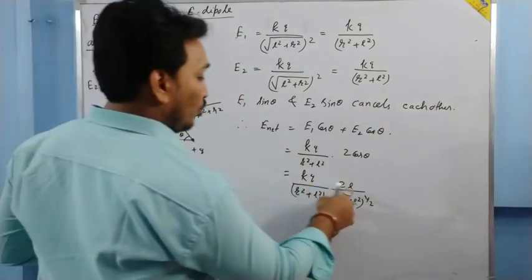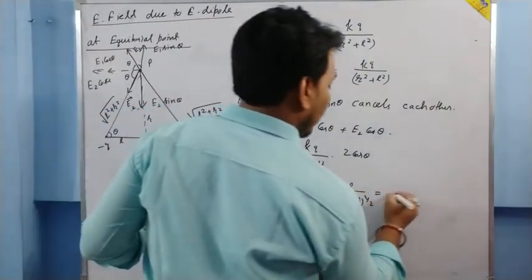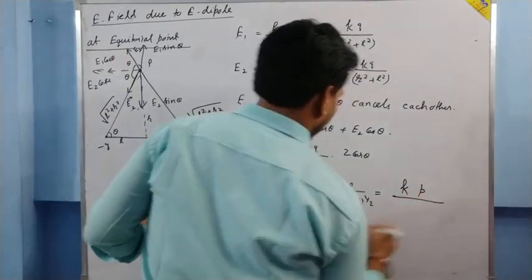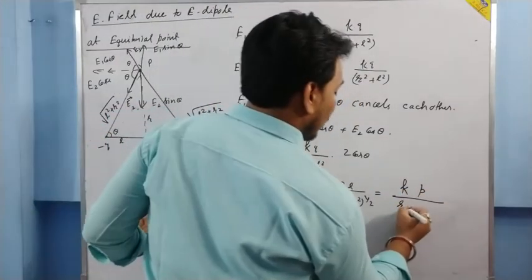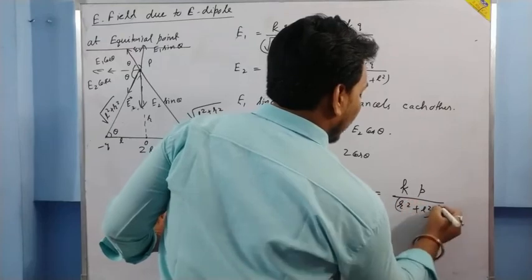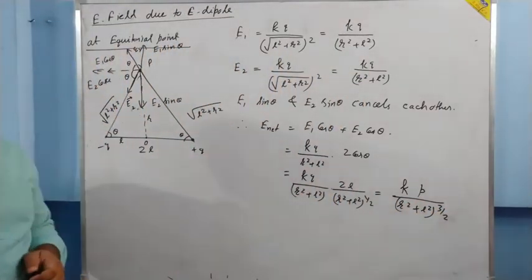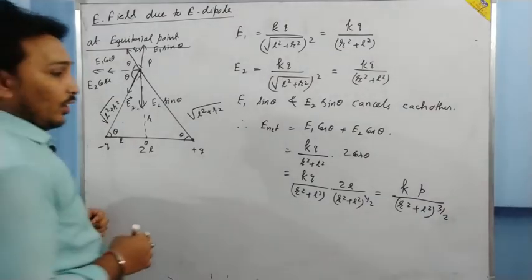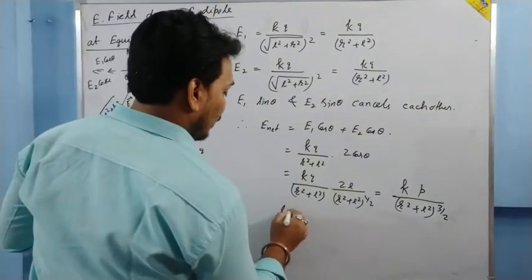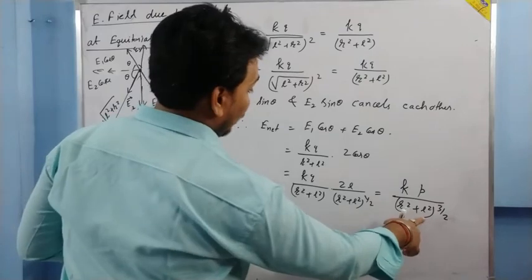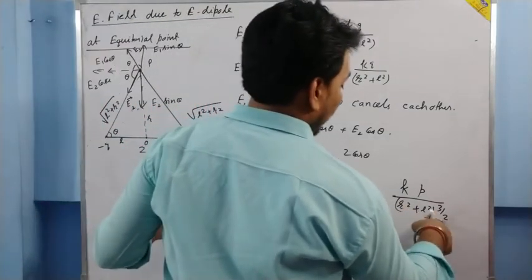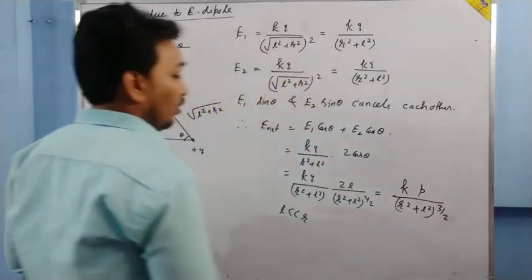Q multiplied by 2L will become P. So K into P upon R square plus L square power 3 by 2, because 1 by 2 and 1 power will be added and it will become 3 by 2. Now L is very less than R. If you neglect L over here, it will become R square power 3 by 2. 2 and 2 power will be cancelled out. It will become R cube.